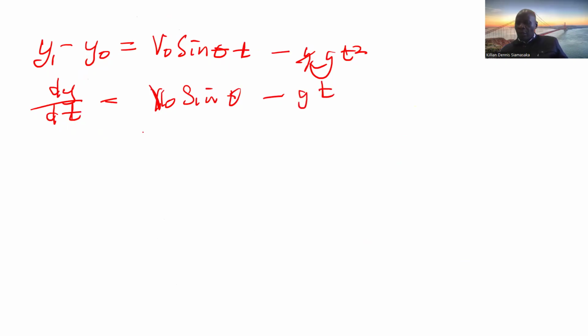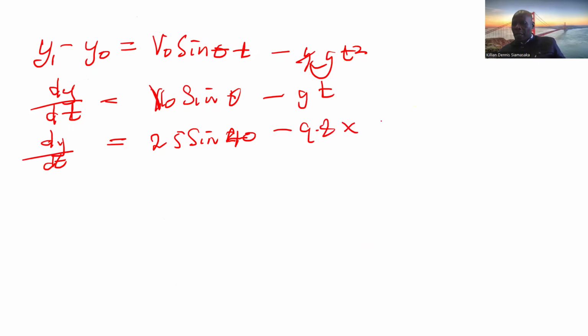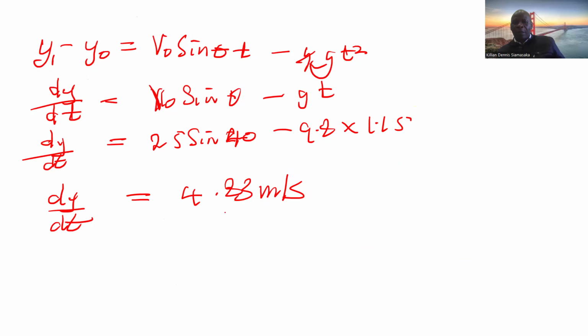And therefore, if you substitute into dy/dt, you get 25 sin 40 minus 9.8 multiplied by the time, which is 1.15. This gives you the velocity dy/dt as 4.83 meters per second.